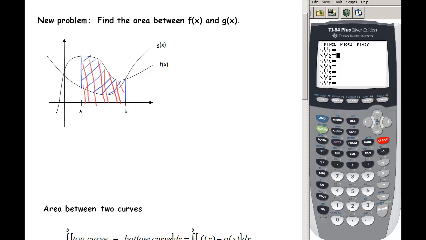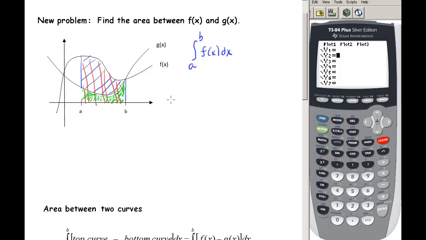It includes this green area in here, and this is extra that we don't want if we want the area between our f of x and our g of x. So the area between f of x and the x-axis that includes that extra is this integral.